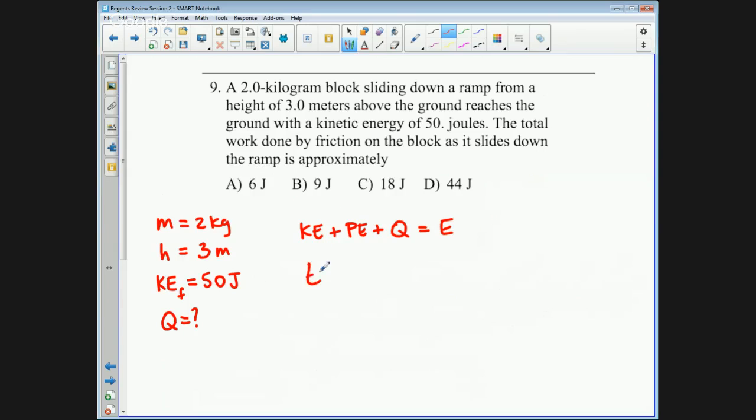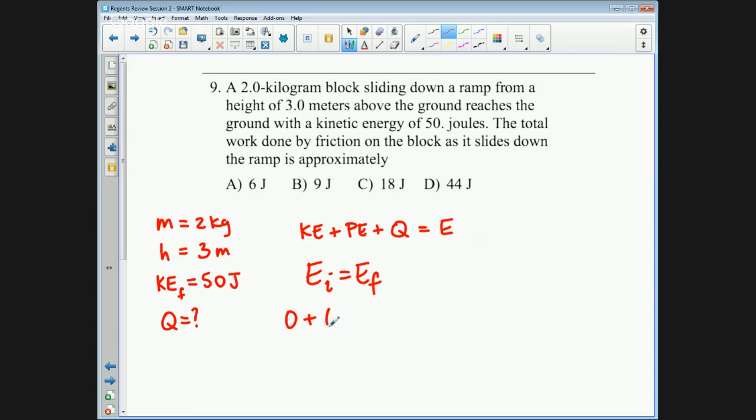So we're going to have basically E initial equals E final, conservation of energy. The initial kinetic energy is 0. The initial potential energy is mgh, which is 2 times 3, the height times the mass, times 10.